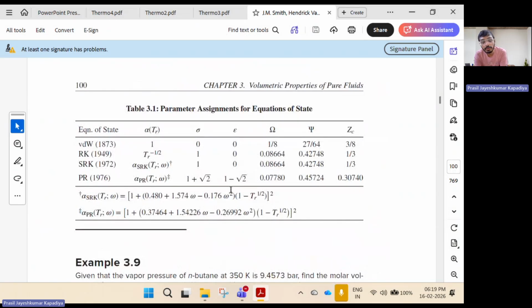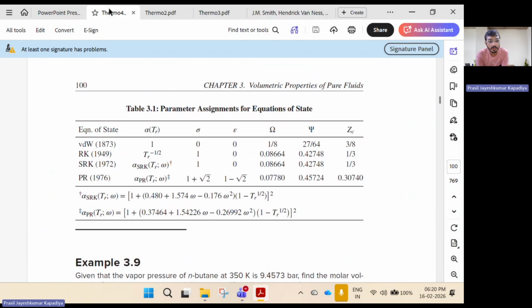So my sigma and epsilon will be 1 plus square root of 2 and 1 minus square root of 2. Omega is 0.07780 and psi is 0.45724. And the alpha value is this very complex equation. Okay, so this is my Peng-Robinson equation of state.